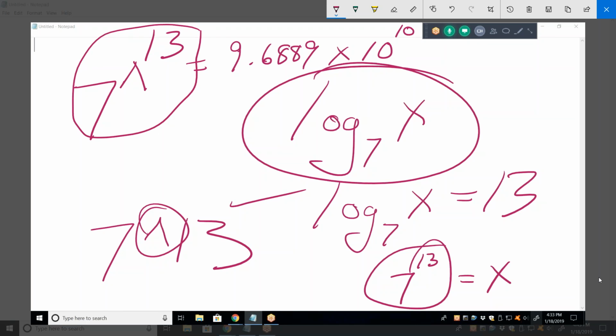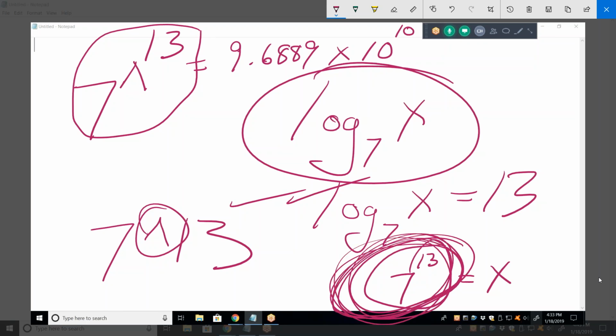And you'll notice that we were able to solve that logarithmic equation where I had log base 7 of x equals 13. I was able to solve it because that means that 7 to the 13th power equals x. And that's just a number we can get off of our calculator. But you can also get log numbers off your calculator.